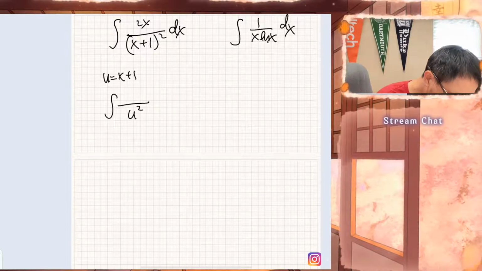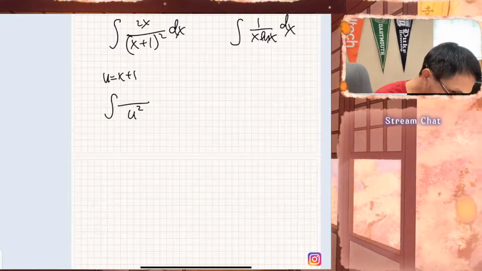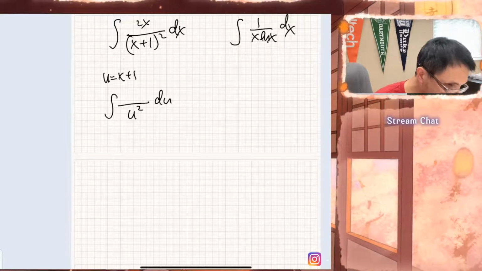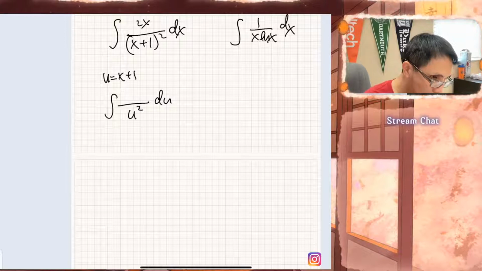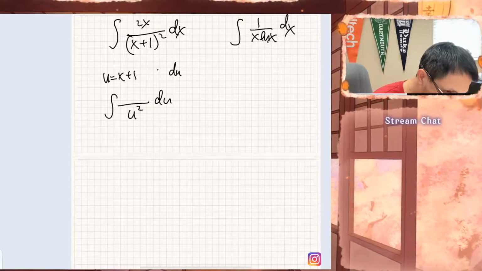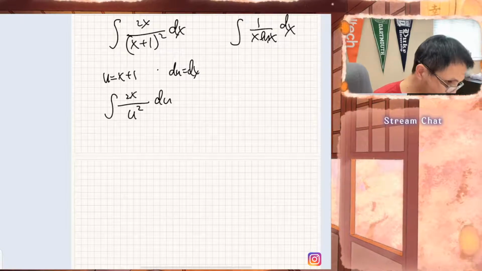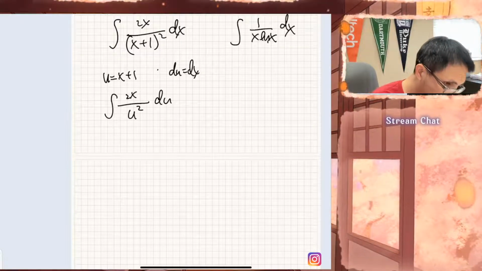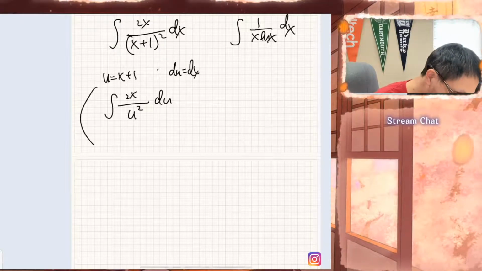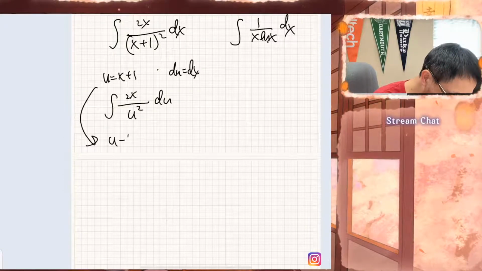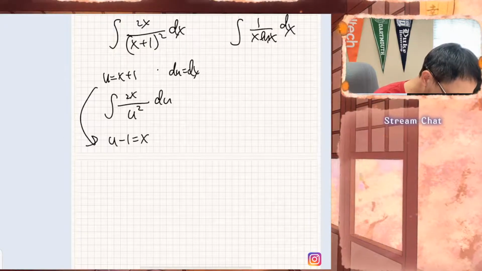So I'm going to get u squared. And this one's going to be du because du equal to dx here. But the problem is du equal to dx here, but we have a 2x, right? So then I can back sub, which is u minus 1 equal to x.